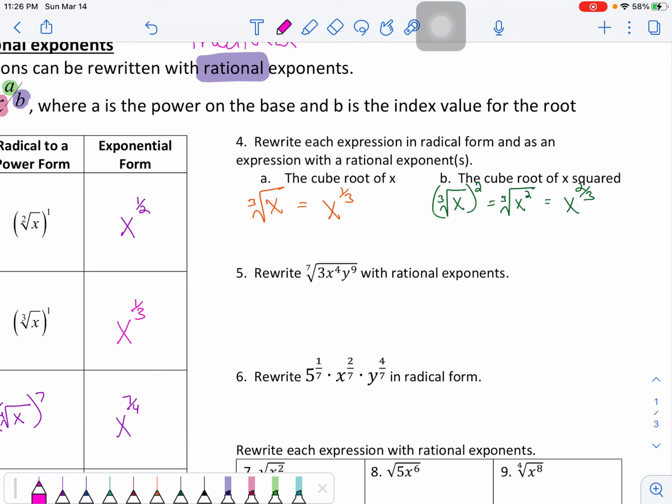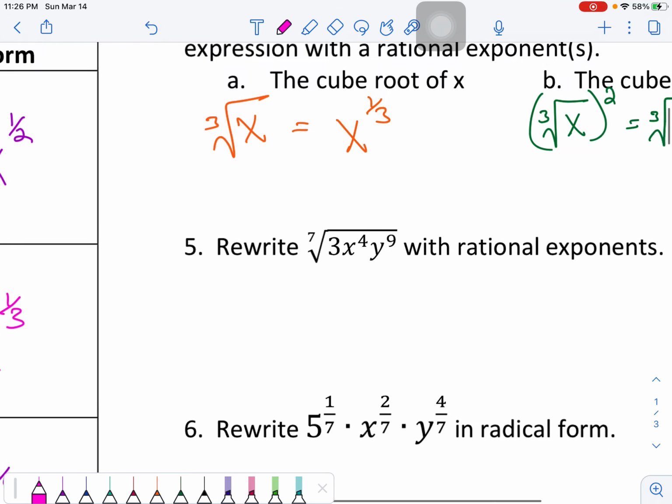Number 5, rewrite this whole mess with rational exponents. So I'm going to zoom in on number 5 here. So we've got our index. We know it's 7. X and y both have exponents. What we don't have is, 3 doesn't currently have an exponent, at least not written. Mathematicians are lazy. There's a 1 there that we just don't write.